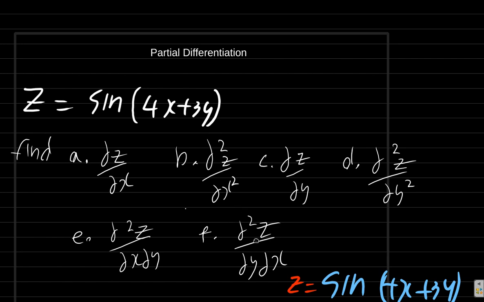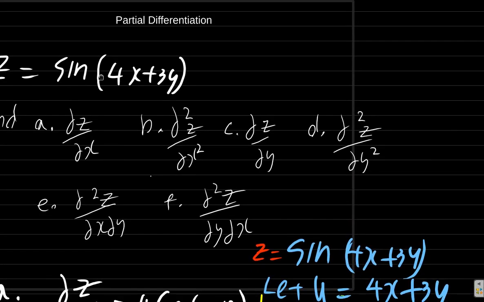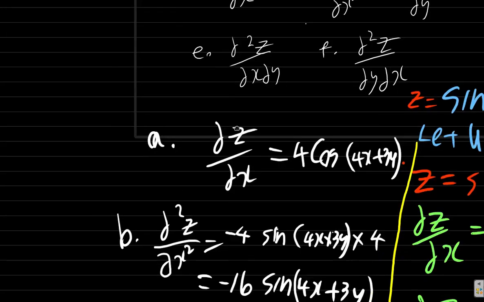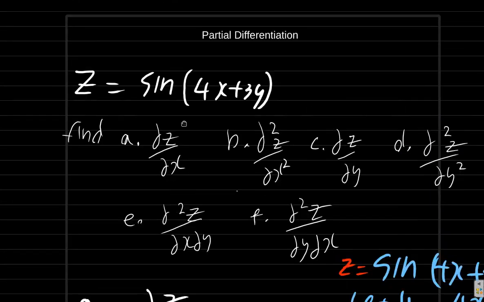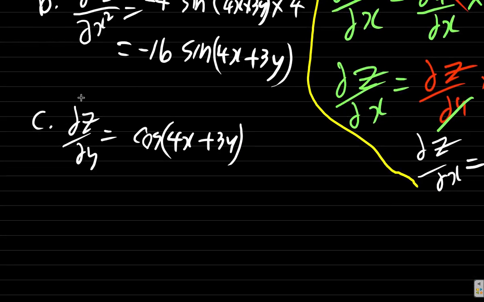So this is cos 4x plus 3y times, and then you differentiate the inside function and multiply by that. We're differentiating with respect to y, right? When you differentiate with respect to y, you get 3. So it's 3 times all of this.